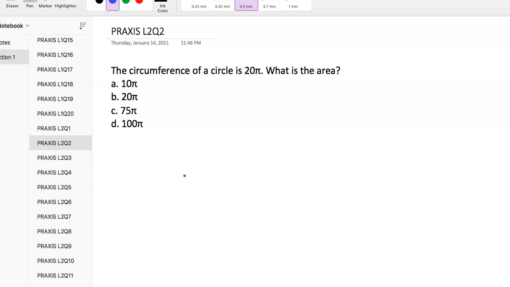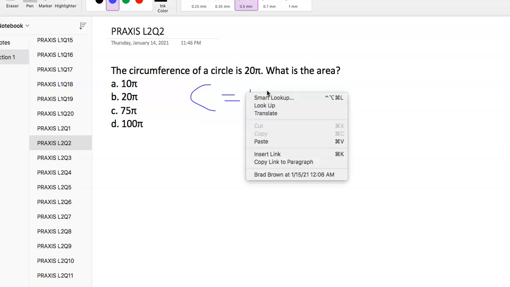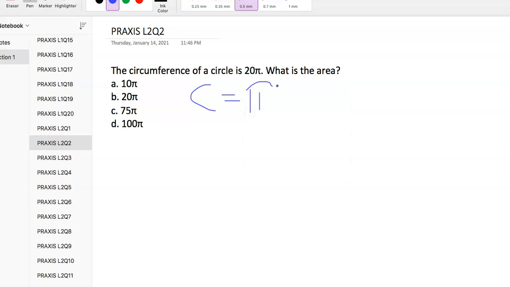Okay, this one they just asked backwards. It says the circumference of a circle is 20 pi. What is the area? This adds one more thing we have to know. Circumference is pi times diameter. That's how we find circumference.